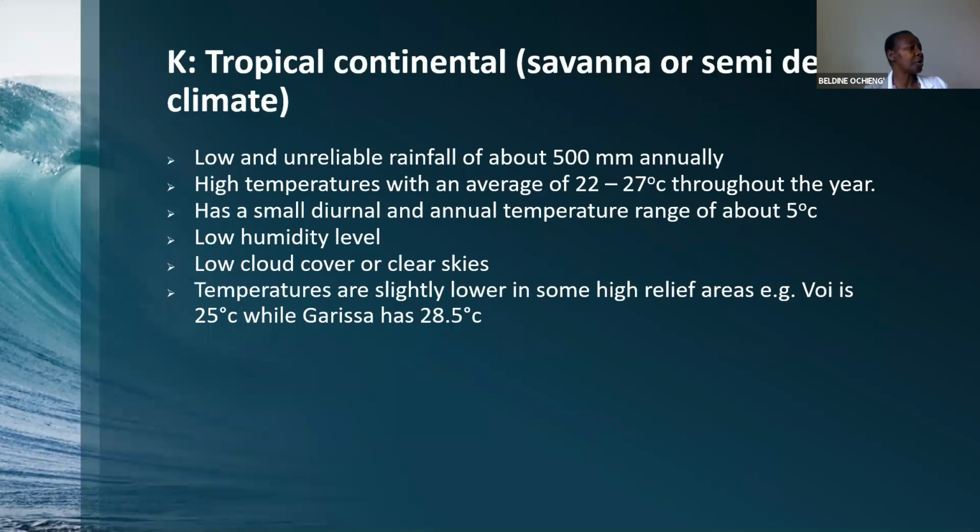But even before we go to the tropical continental, the savanna or semi-desert climate, I would like us to have something in our minds as geographers. When a question is asking you to account for the climatic characteristics of a given region, like equatorial region, that is not on the screen.